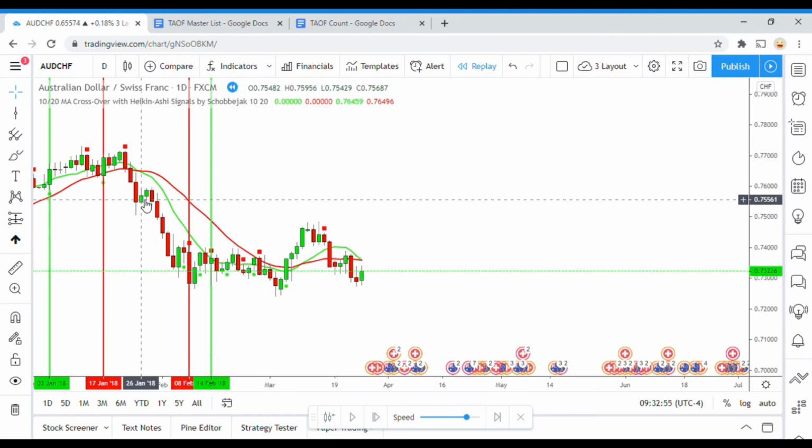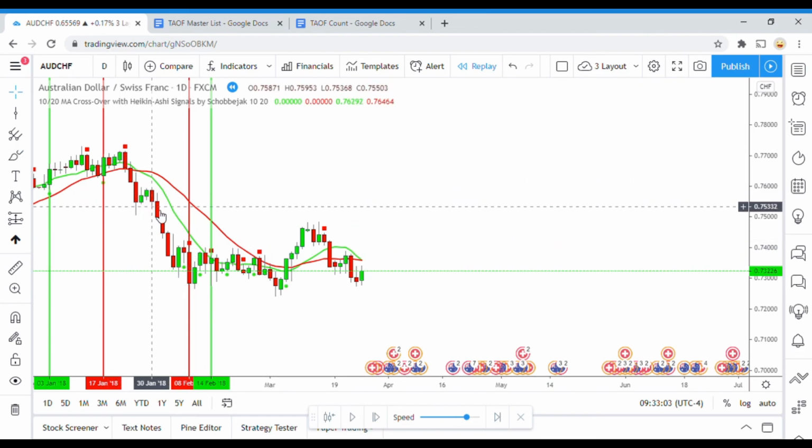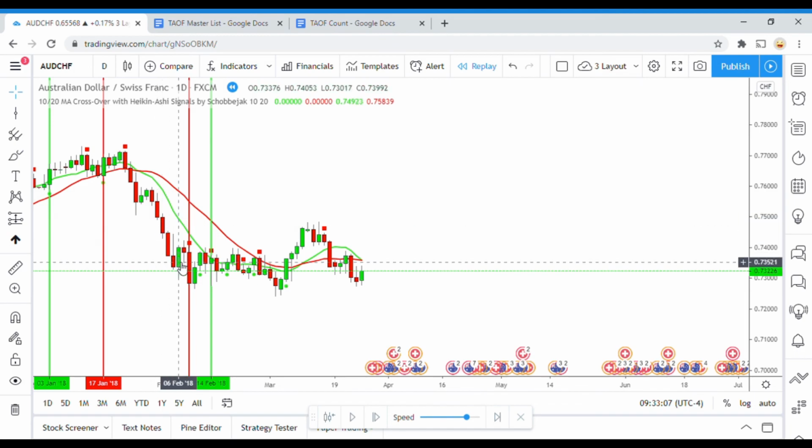And so you could say that to take a short position with your trading system, you also have to see the stock making lower lows. And so right here is an example where it wasn't making lower lows.